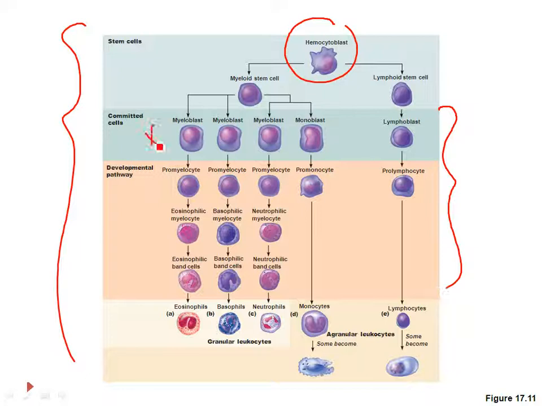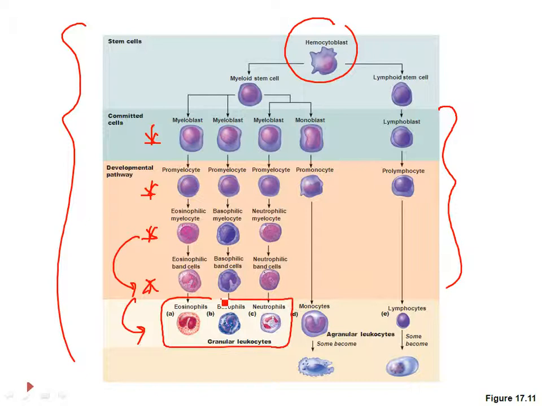And they go through different stages over time. They keep dividing more and more, and the later descendants keep changing. Ultimately, if we're thinking about the white blood cells that you're producing, they're either going to become eosinophils, basophils, neutrophils, monocytes, or lymphocytes. And your bone marrow produces these in different amounts depending upon your needs.